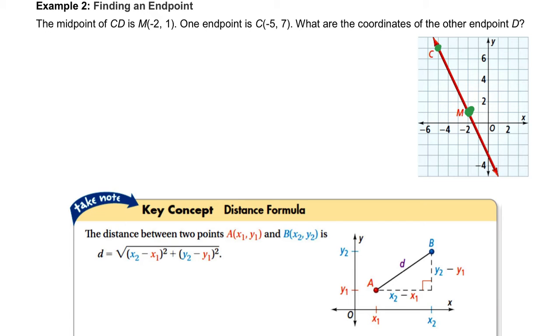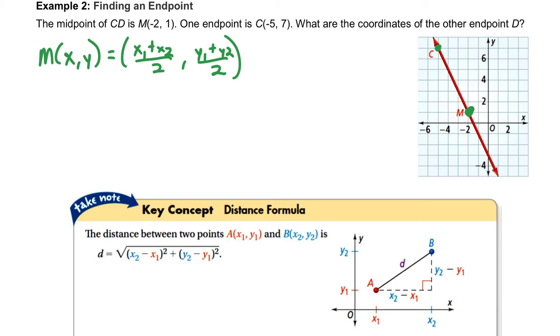So the formula for midpoint, at least for the x value, if I'm trying to find the midpoint of x, y, whatever that might be, the midpoint is equal to, remember we said x1 plus x2 divided by 2, y1 plus y2 divided by 2.